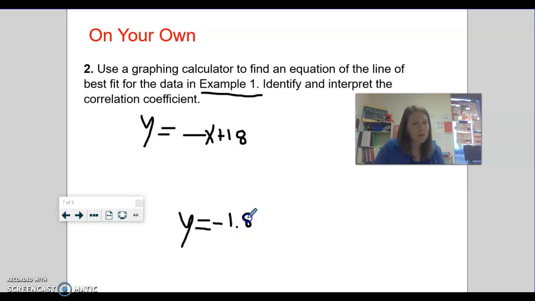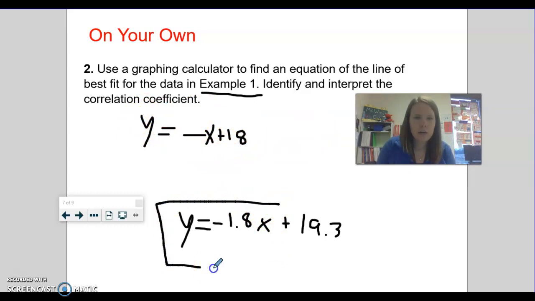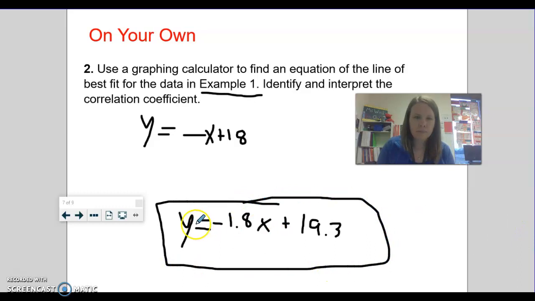I was feeling a bit off about that slope, and maybe it should have been closer to 2. So doing it manually is a little more tricky. You may not get it quite as accurate, and that R value or correlation coefficient may not have been as close to 1. But here is the equation that I have created given the graph.